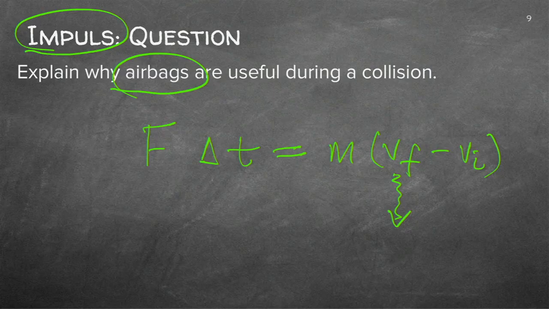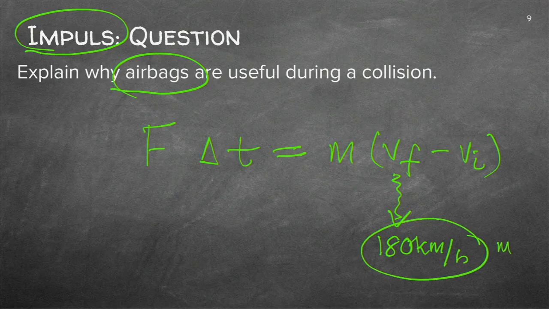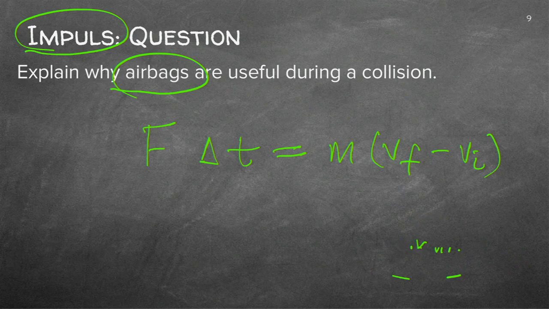I'm traveling at 180 kilometers per hour. And you know we've got to put that into meters per second, but that's not relevant now. If I'm traveling at 180 and I want to stop, let me quickly just make the two equations correct. So I'm traveling, which will be my initial velocity, and I want to stop, or I have to stop.